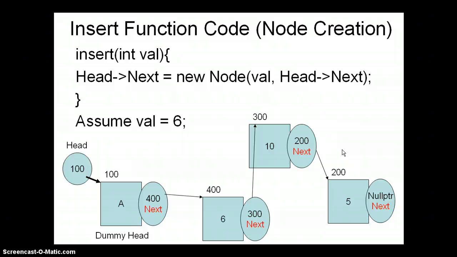You should do that. I have an insert function that I gave you, whose code is here, which always adds the node in the front. But you should write a function called insert rear, which takes a value and always inserts at the end. That way you can have both functions, and you can use either one depending upon the kind of need you might have. You might ask, where would I need this insert rear?